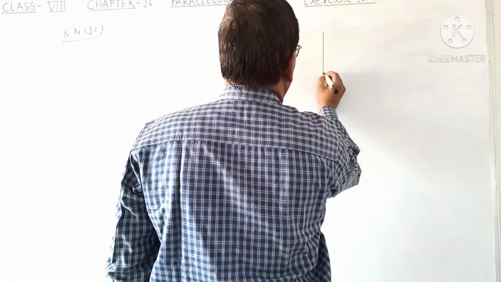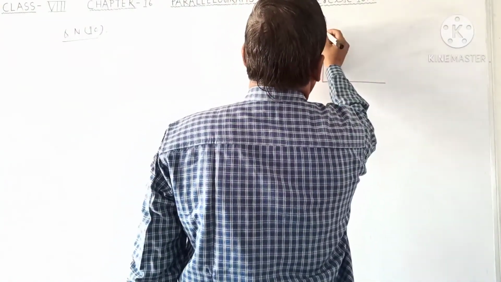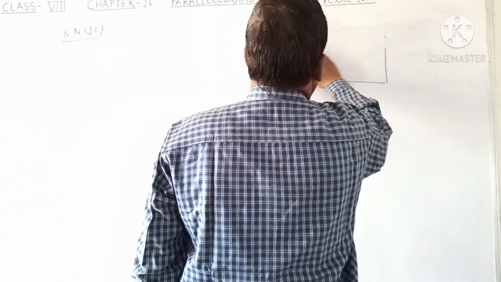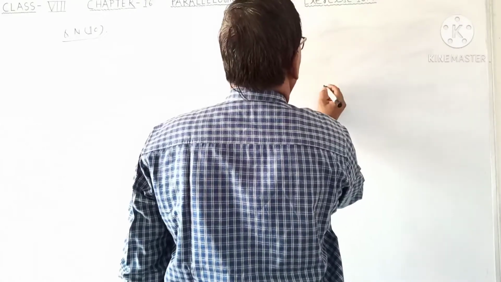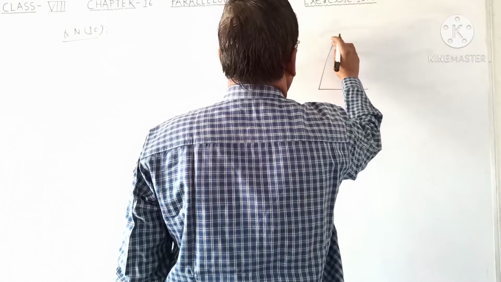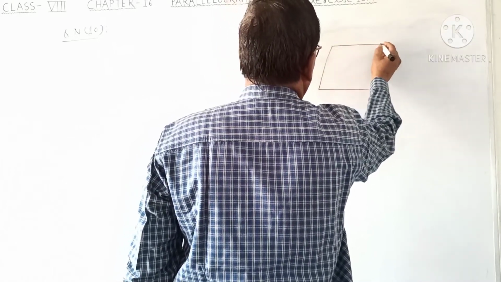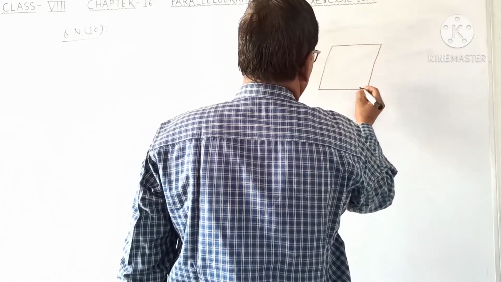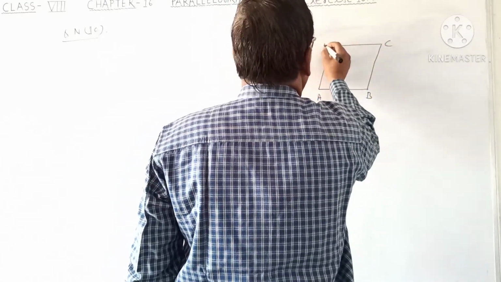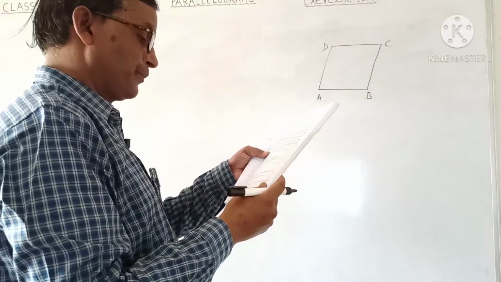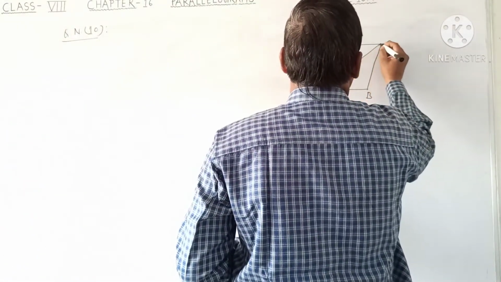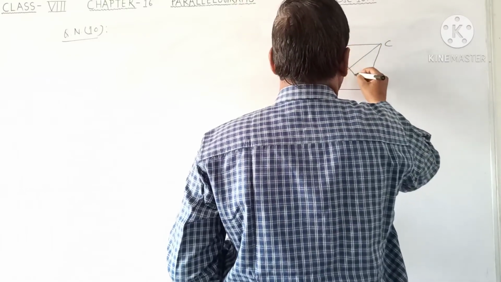Let ABCD be a rhombus in which AC and BD are given.